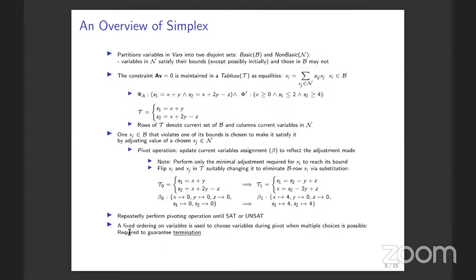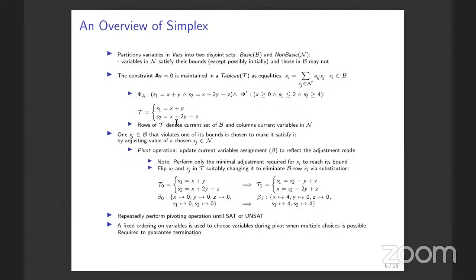But the important thing here is that you have to use a fixed ordering on variables. If there are multiple choices available in picking the basic variable, if there are multiple basic variables that violate their bounds as per the current assignment, then you choose the variable that appears earlier in that ordering. In this case, S2 happened to be the only one for this initial assignment.